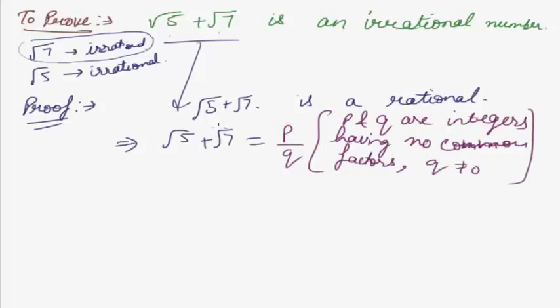Friends, if we proceed with the steps that we have discussed in the previous question, then if we make LHS only under root 7, we will get in RHS this value. And if we make here root 5, we will get here root 7.